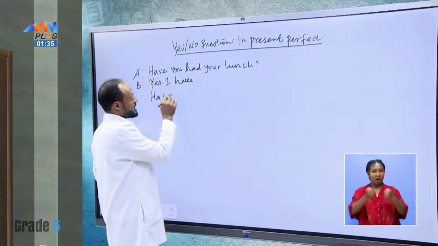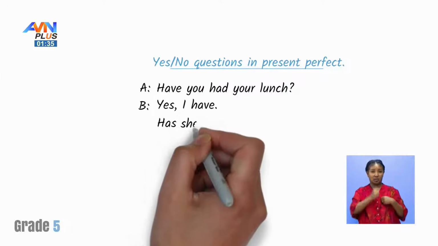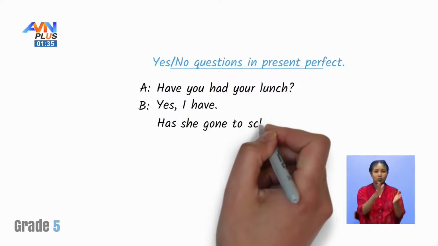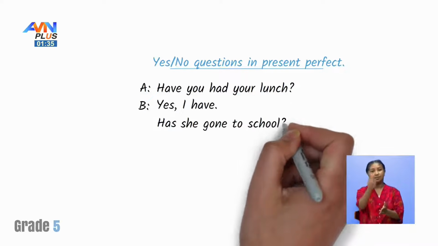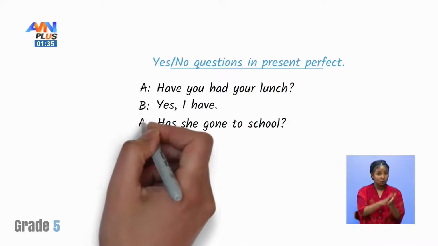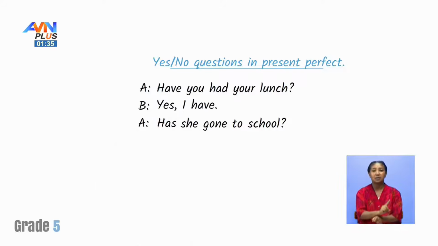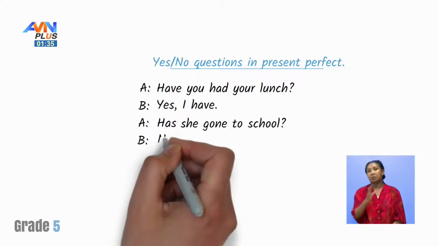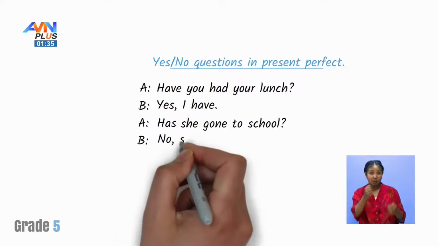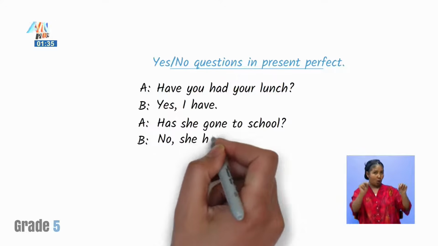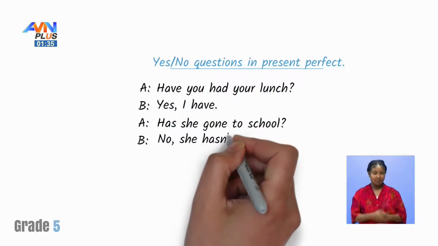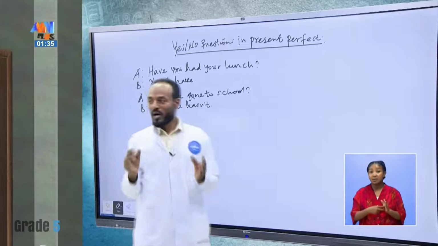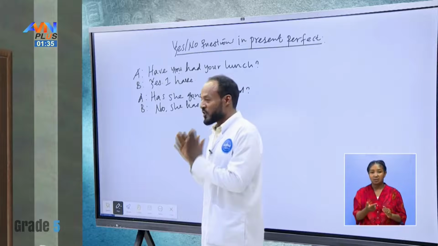Has she gone to school? What will the response be? The response will be yes. Maybe if she hasn't, we can say, no, she hasn't. This means why we said yes or no question.